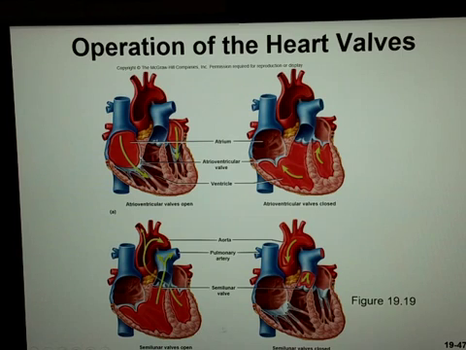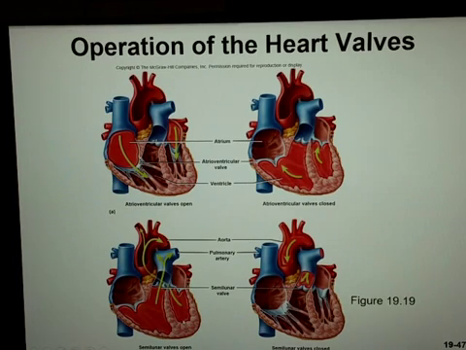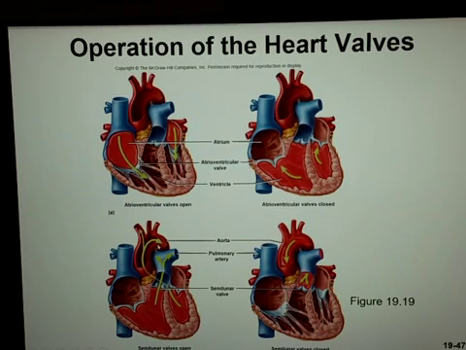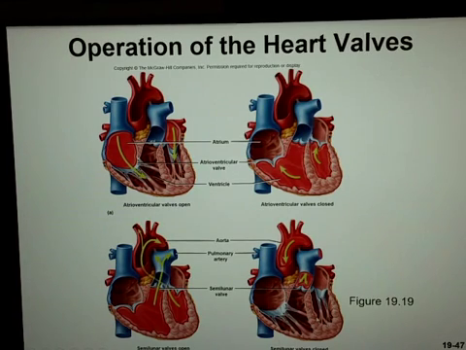And then when the heart contracts, when it does that beat that we think of, the blood begins to get pushed into the vessels, which means the ventricles begin to empty and the pressure begins to decrease.